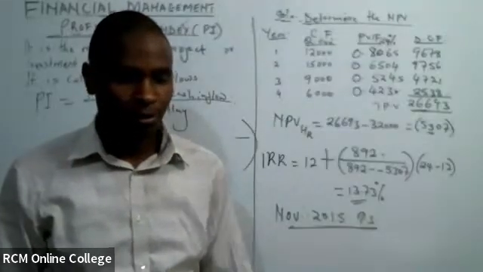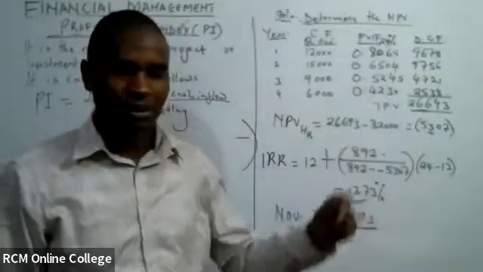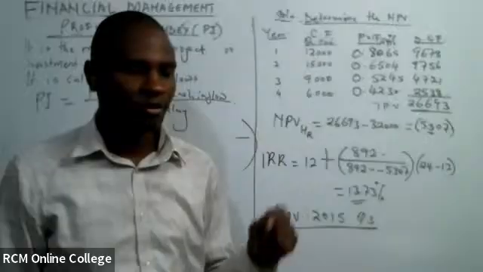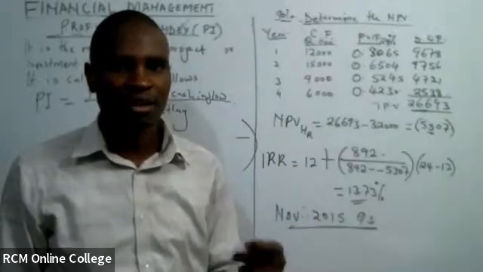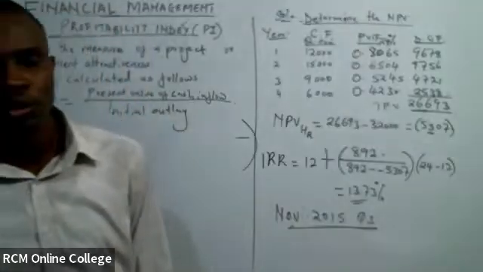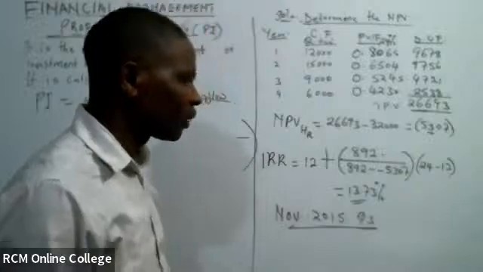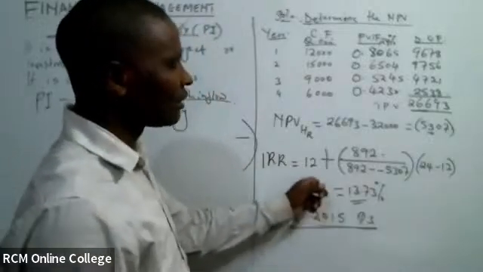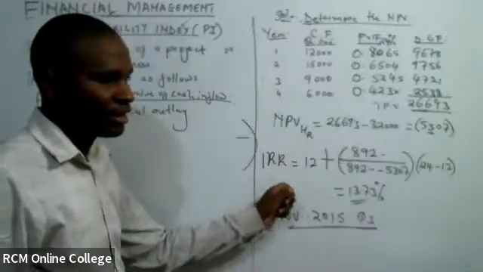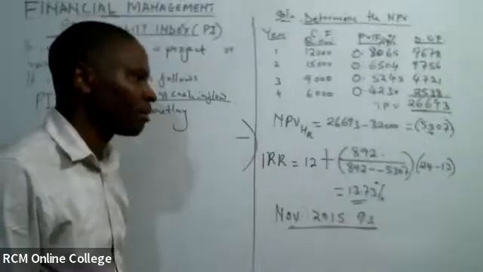Number 2, under IRR: if the IRR is less than the cost of capital, you reject the project. And the last one, if the IRR is equal to the cost of capital, you may accept the project.